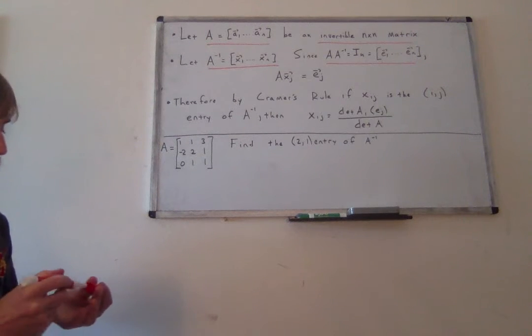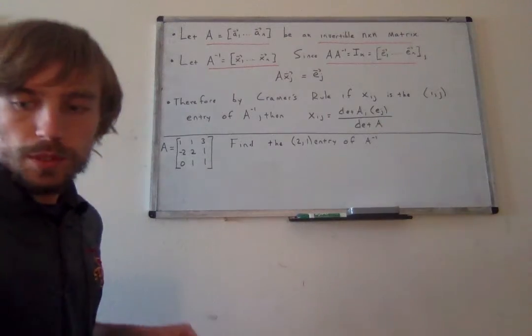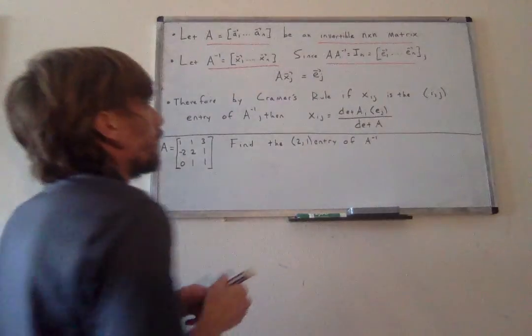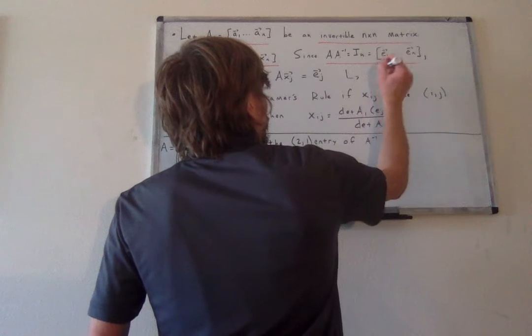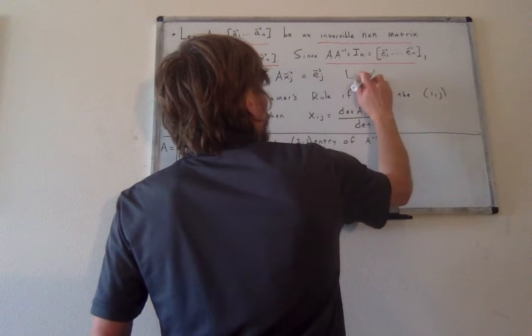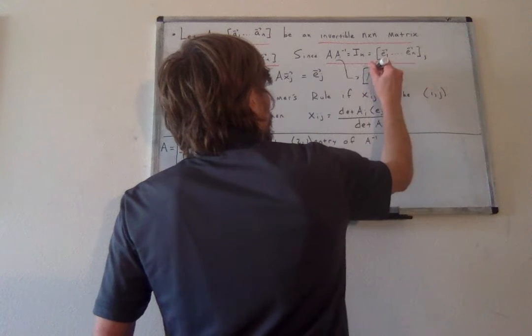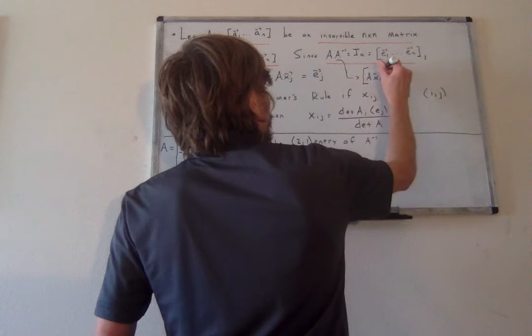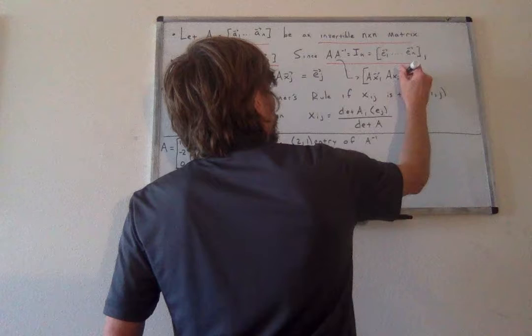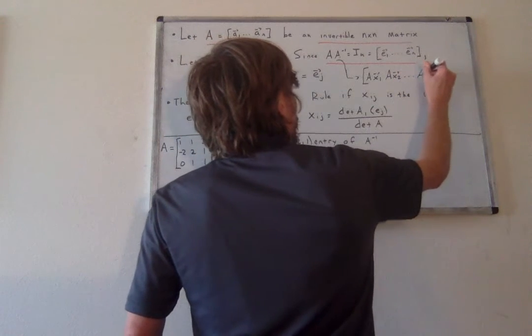And so notice that specifically, we can rewrite A times A inverse as A times x1, A times x2, and so on.